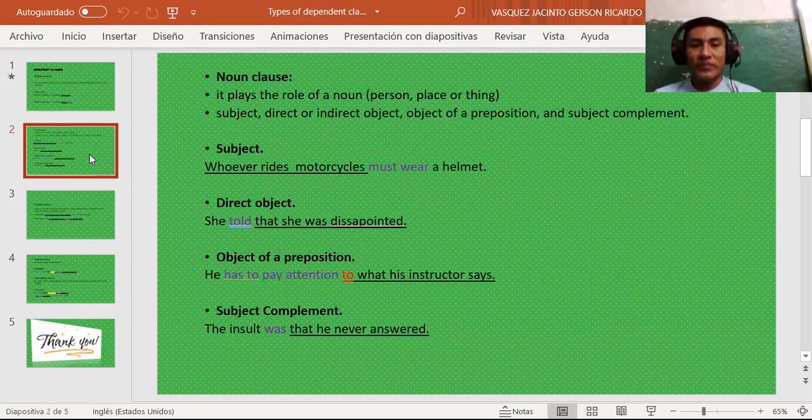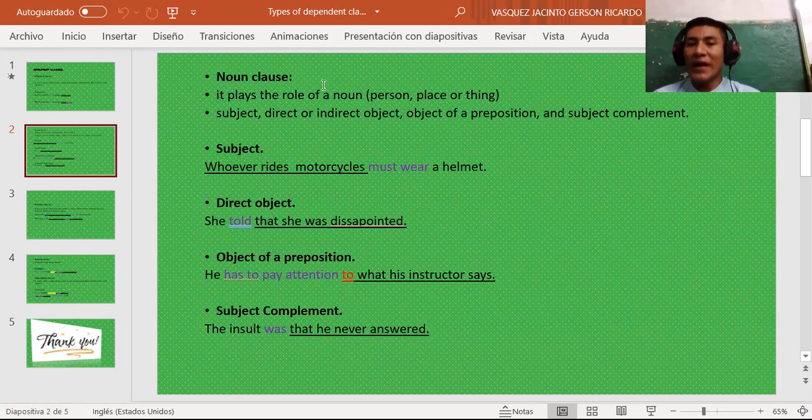Then we have the noun clause. This type of dependent clause is more extended. We have different types of noun clauses. A noun clause plays the role of a noun, which might describe a person, place, or thing.